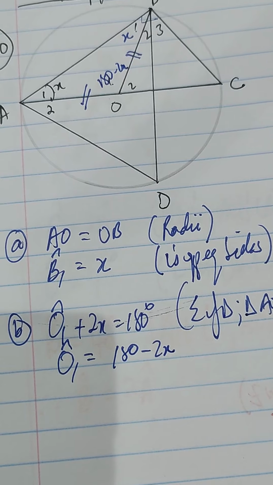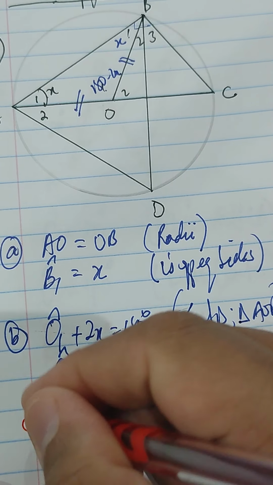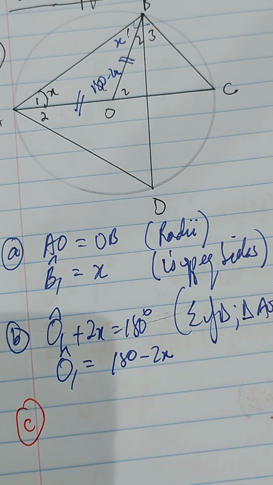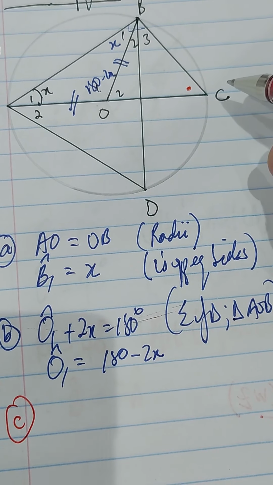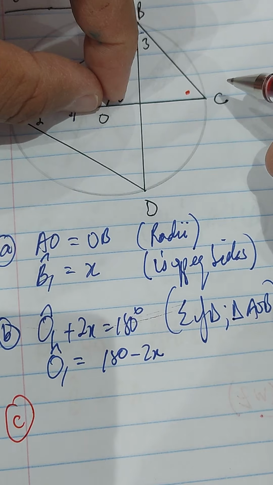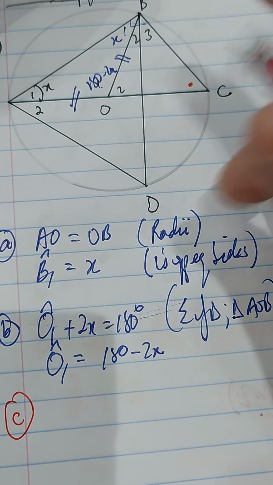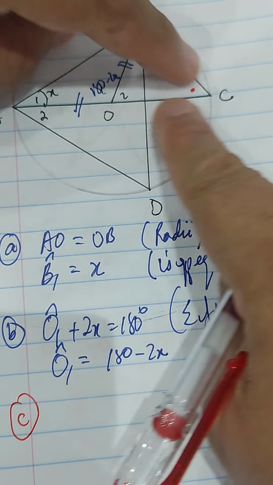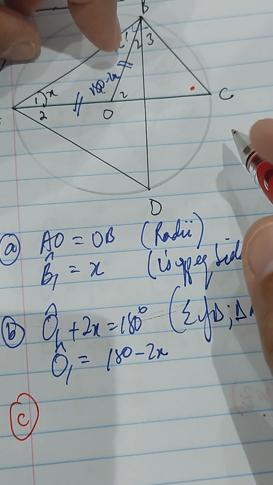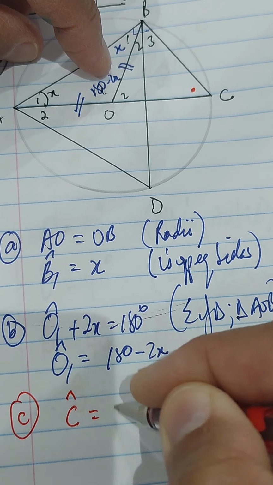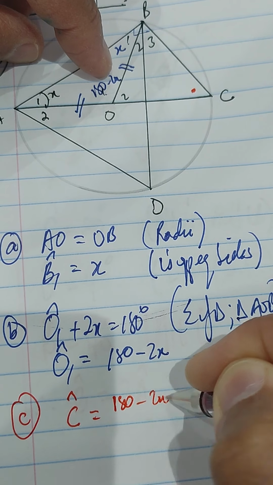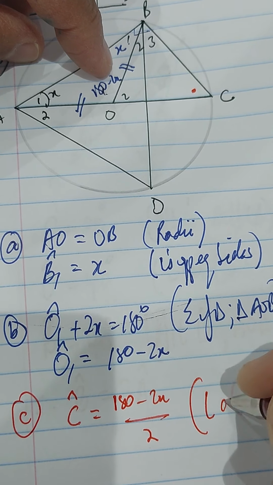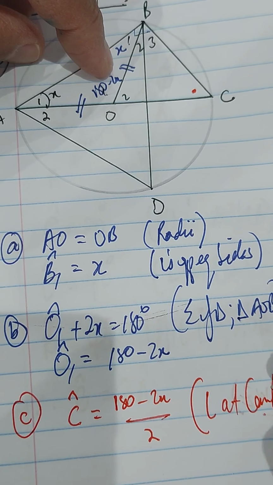Let's change our color. Let's go to red. In C, they want you to work out angle C. Again, angle at center is twice angle at circumference. Can you see it? So angle C is going to be a half of 180 minus 2X, the angle at center.